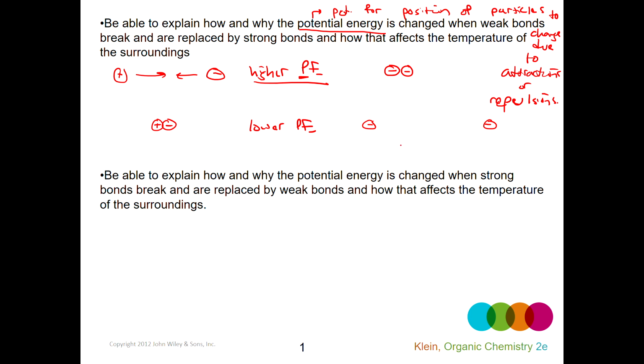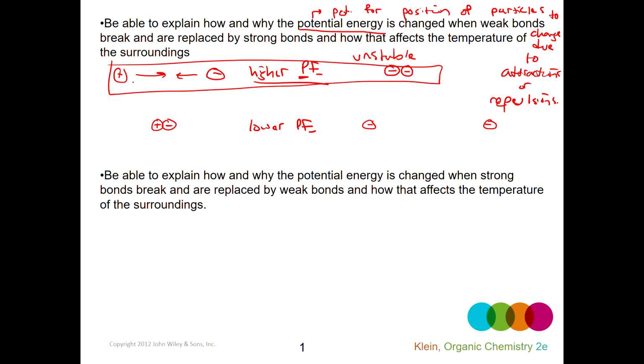So we want to make sure we understand that a higher potential energy state, because there's a potential for change, is unstable. It's a state where the particles are not going to stay in their current positions because their attractions or repulsions are going to push them to different positions.